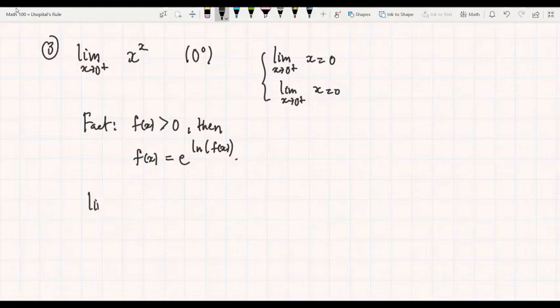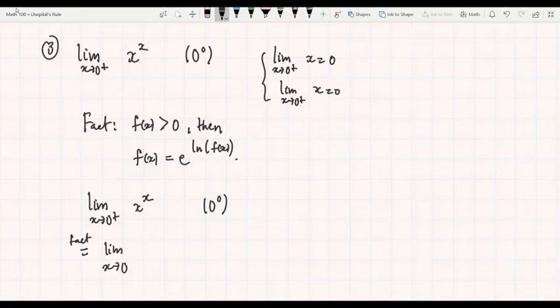So rewriting, we have the limit as x goes to 0 plus of x to the x. We have seen that this is 0 raised to 0. So by the fact, we take f of x equals x to the x.